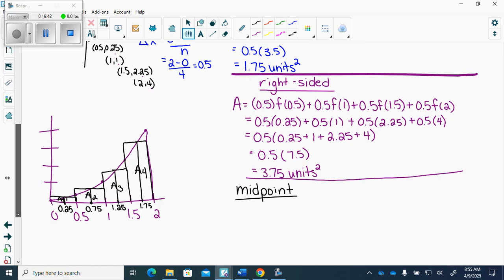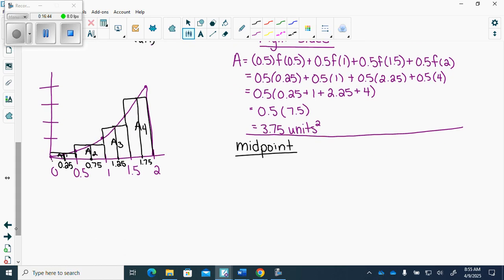So when I go to set up my formula, my area 1 is going to be 0.5, which is the width, times f of 0.25. Then area 2 is 0.5 times f of 0.75.